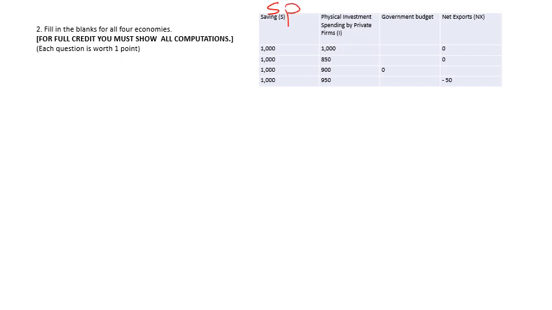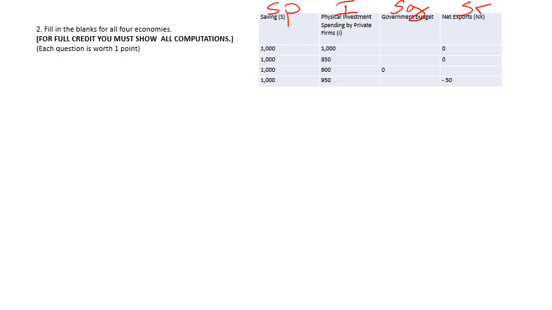The second column, that's physical investments. The third column is a reference to SG. And the fourth column, we can infer, is SR.